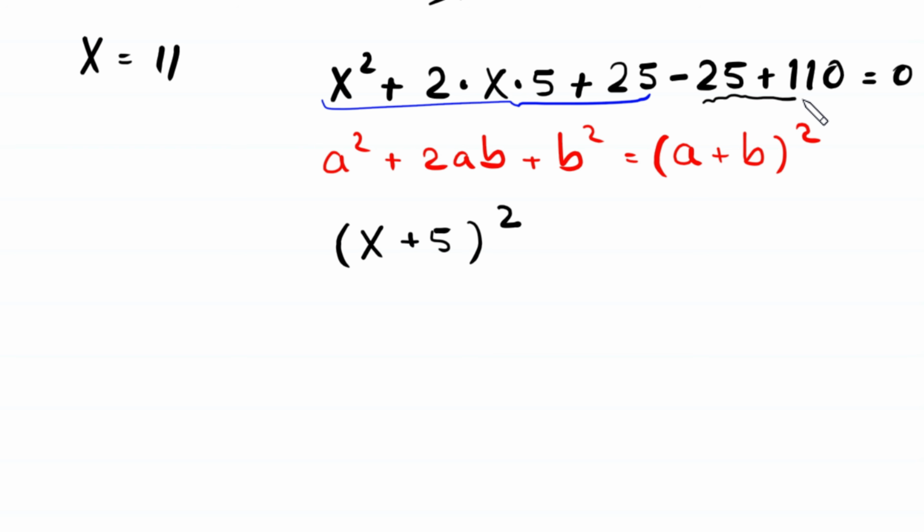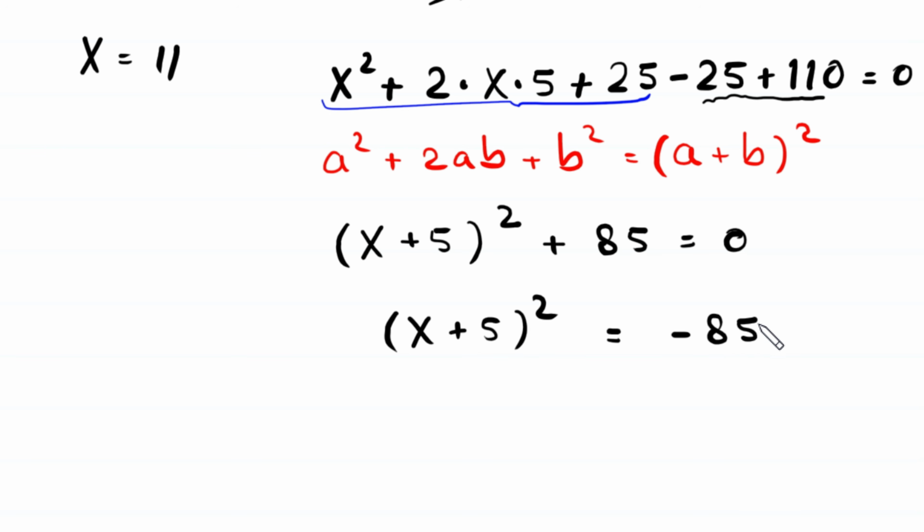Negative 25 plus 110 will become plus 85 equal to 0. Move this 85 to the right hand side, this will become (x + 5)^2 = -85, and we take square root of both sides.